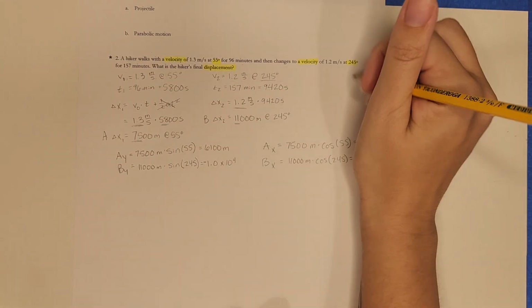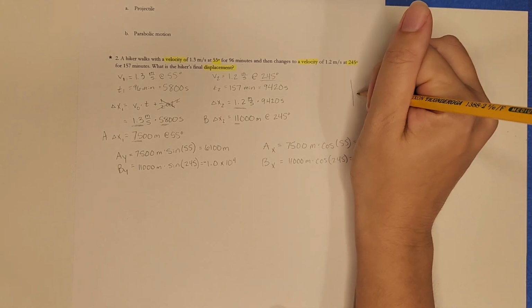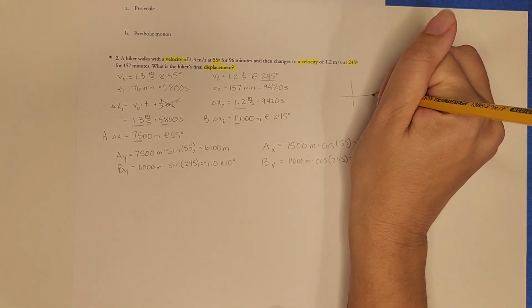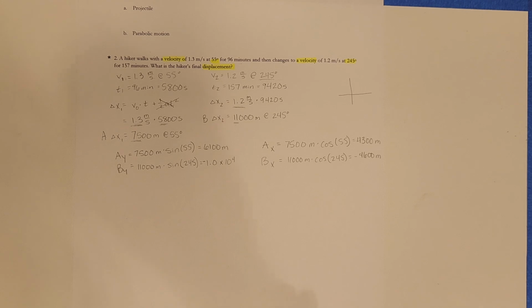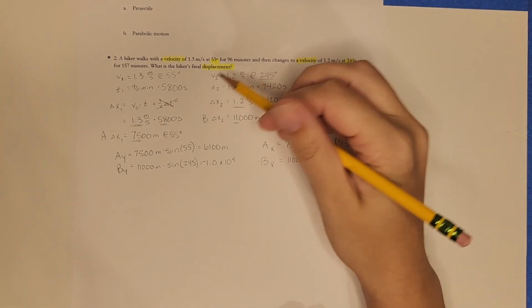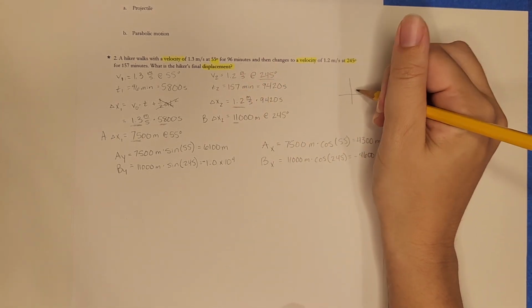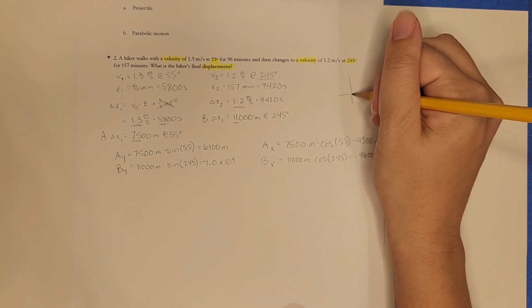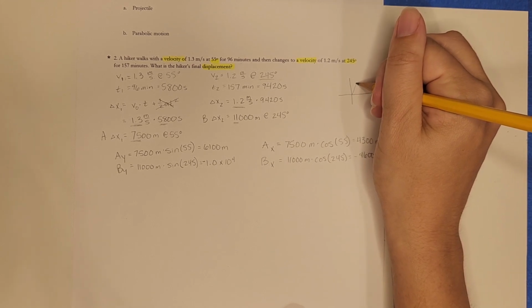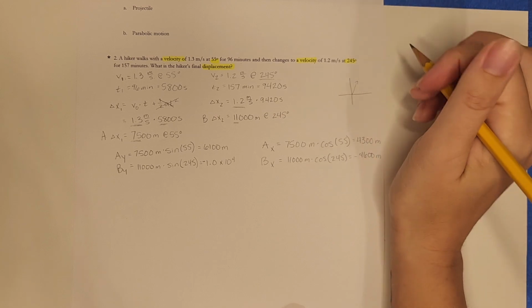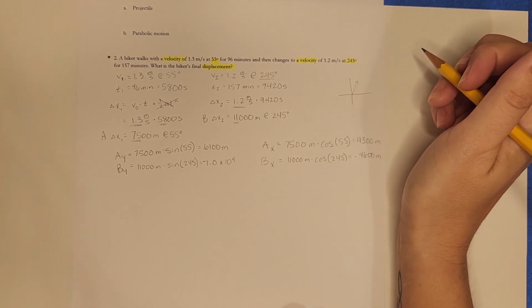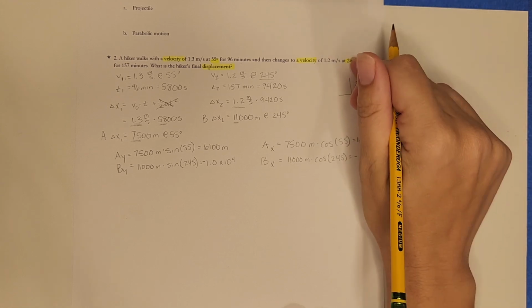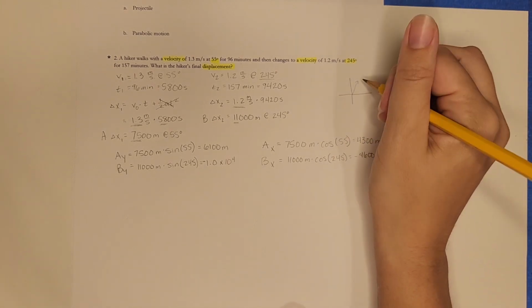So if you remember from last chapter, what's going on here is this hiker is walking at 55 degrees for 96 minutes. And then he switches to 245 degrees for 157 minutes.